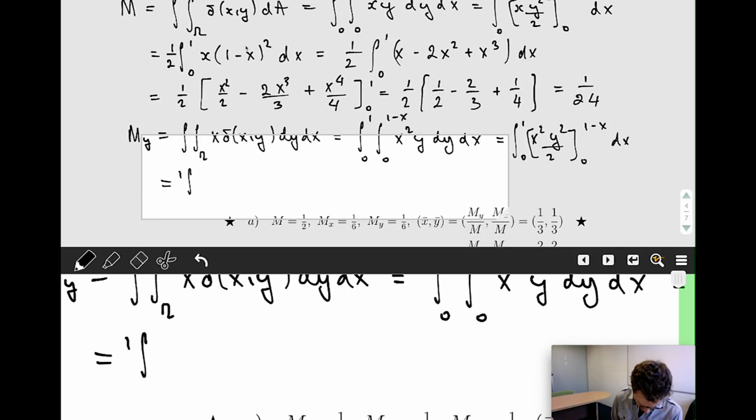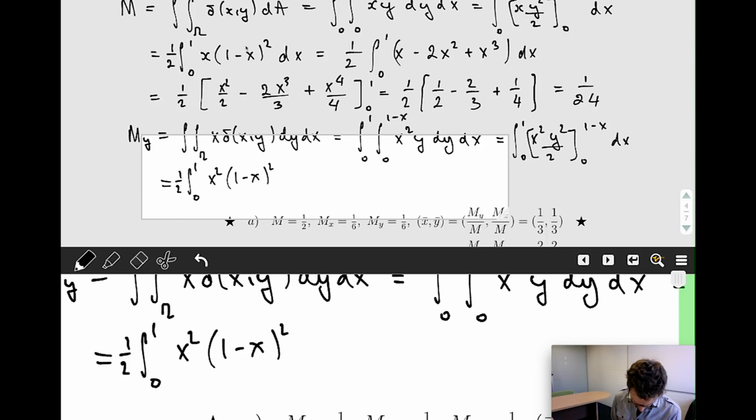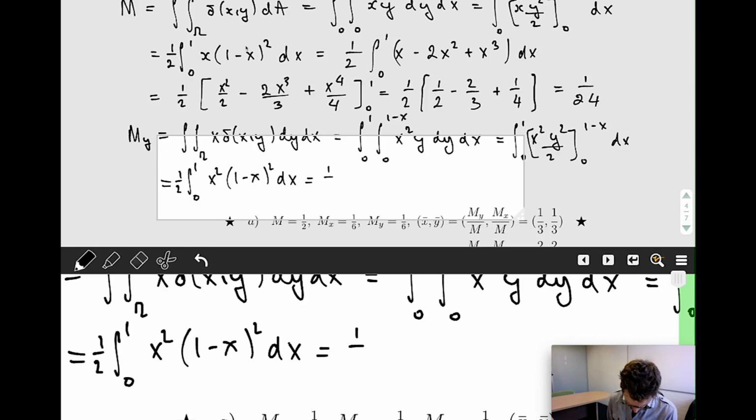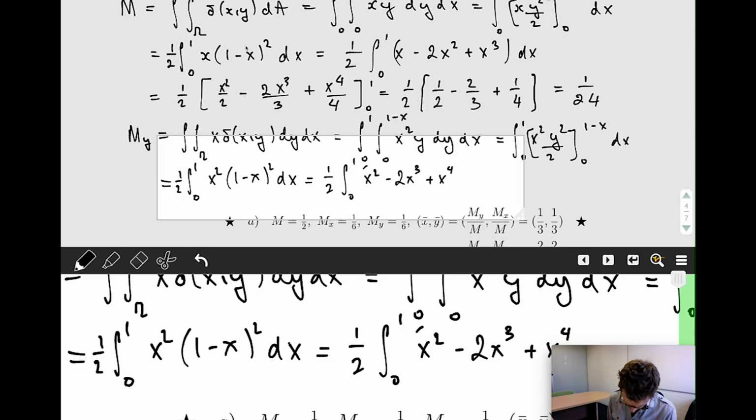substituting that in, I can take out that factor of a half again to get x squared times 1 minus x all squared, which becomes the integral of x squared minus 2x cubed plus x to the fourth.